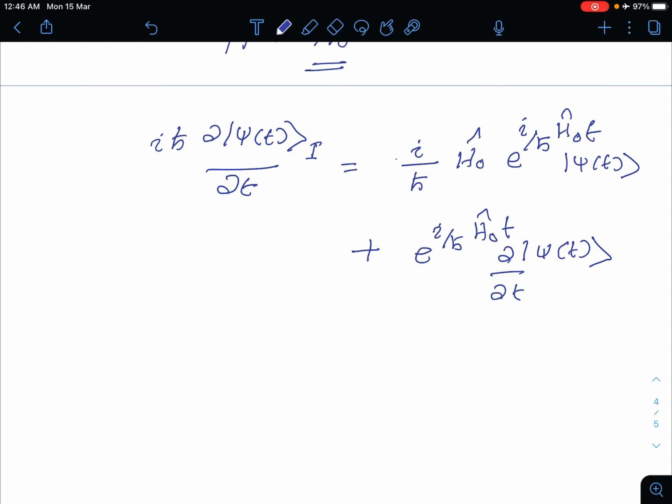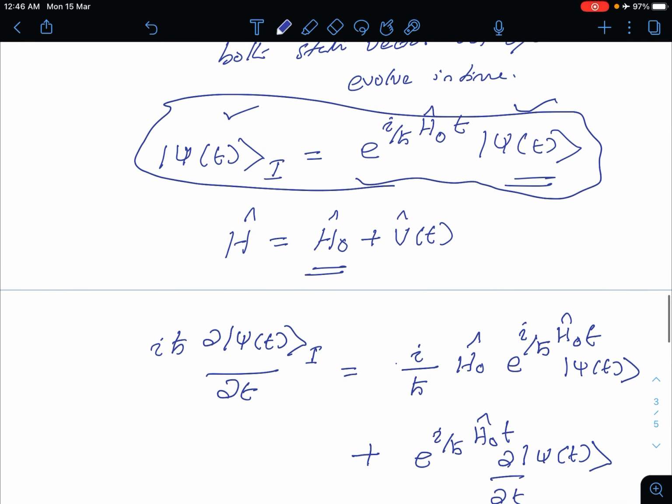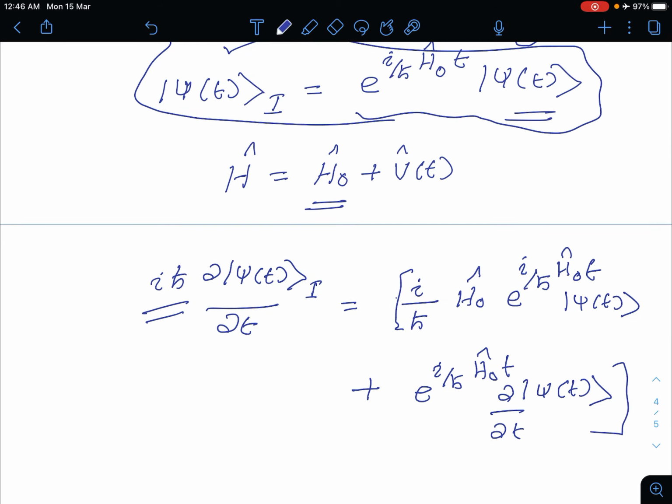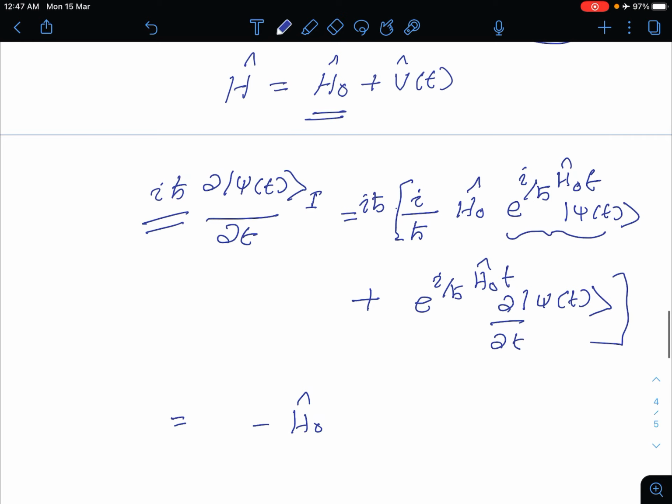I'm just taking the time derivative but also multiplying by i h cross, so I have to multiply here also by i h cross. Good. So what is that? Minus H0, h cross and h cross get cancelled, e raised to i by h cross H0 t psi of t.